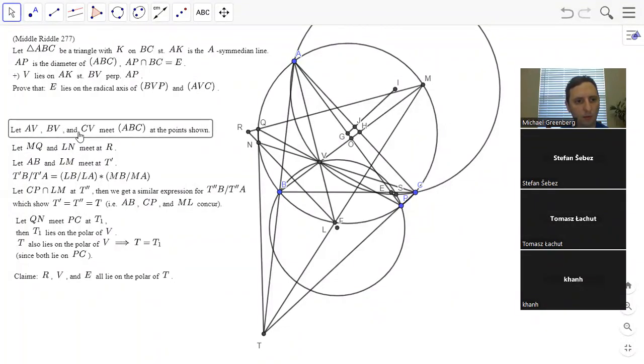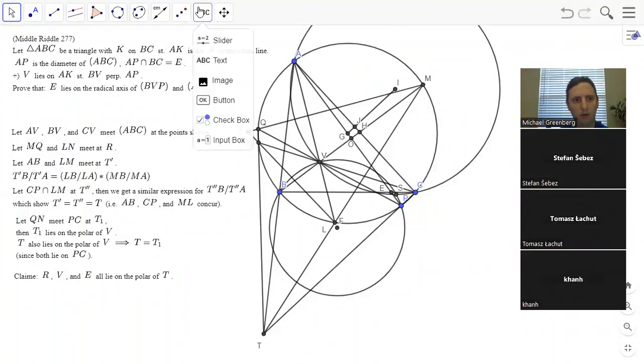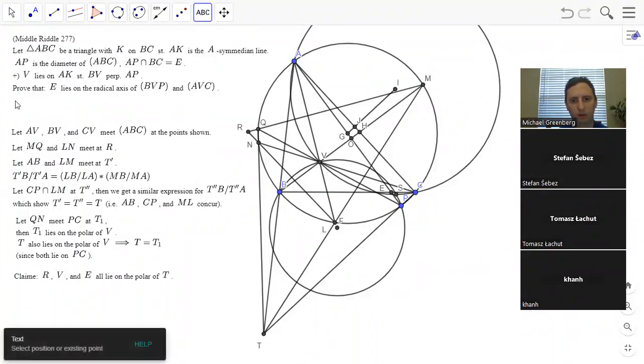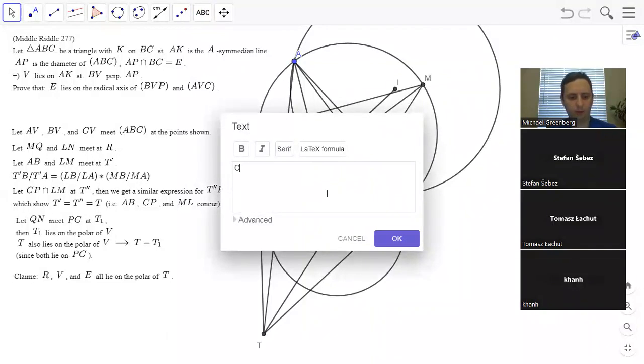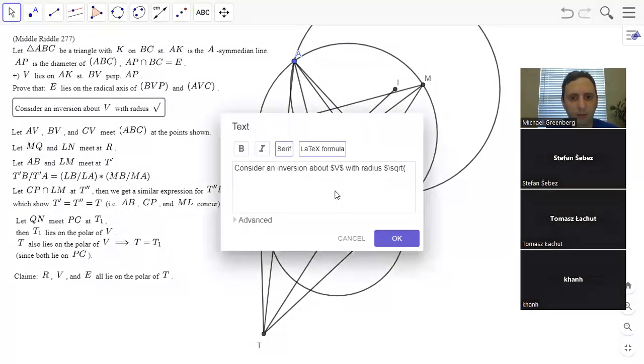So I'll just type what I said before. Consider an inversion about V with radius VA times VF.